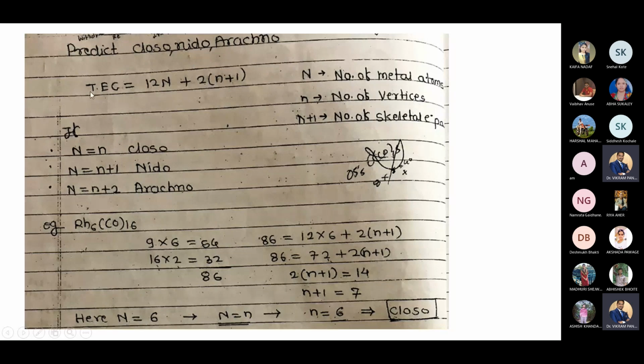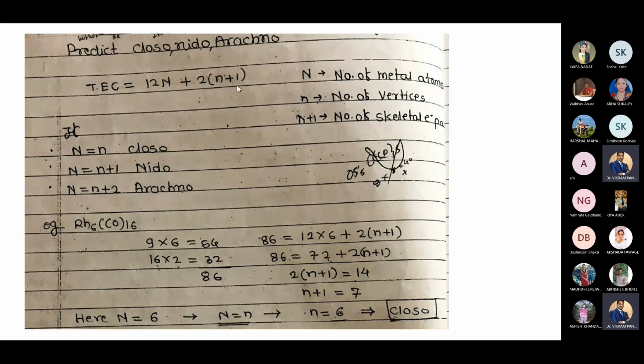Total electron count is equal to 12 capital N plus 2 into small n plus 1. So what is capital N? Capital N is equal to the number of metal atoms, which was X in the earlier formula, and n plus 1 is the number of skeletal pairs.